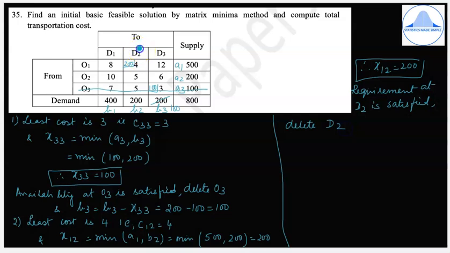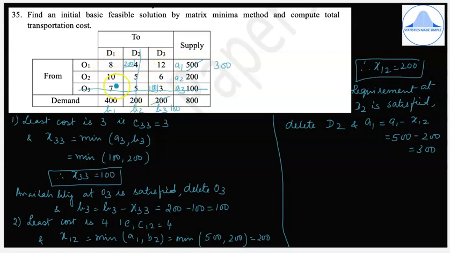So I'll delete D2 and then you have to make an adjustment with the availability, and A1 is equal to A1 minus X12, which is equal to 500 minus 200, which is equal to 300. So cancel out 500 and write 300. And we have already cancelled out the requirement D2.